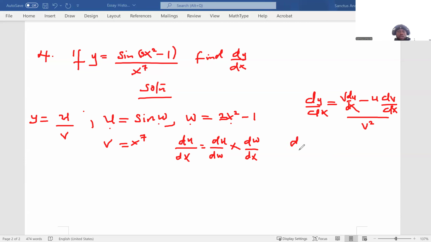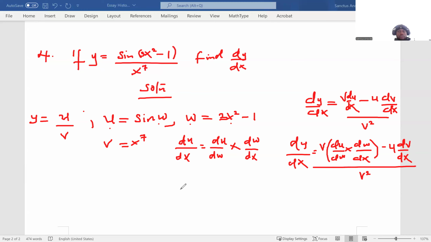So we'll have that dy/dx will be equal to v, okay? v bracket du/dw times dw/dx, then we'll cover this up, minus u dv/dx, all over v squared. All right, so now let's apply this.